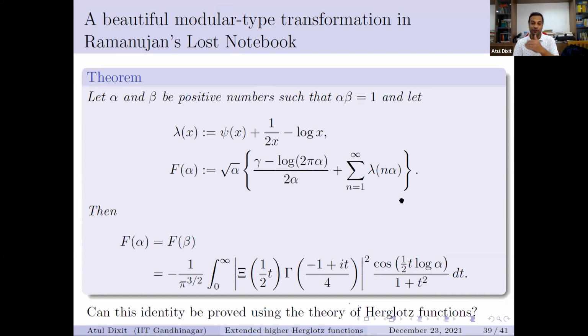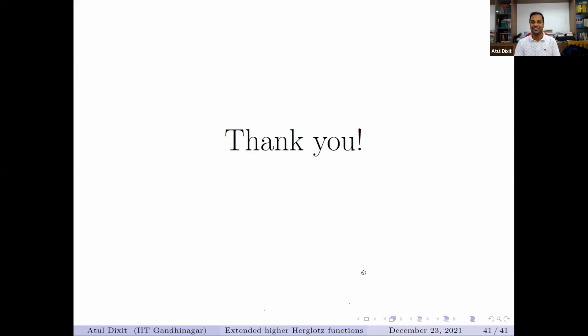If you don't have anything in the denominator, you must take the second term also, otherwise the series will diverge. So we really think one should be able to obtain this relation of Ramanujan using the theory of Herglotz functions. I think I'm running out of time. Let me just skip these things and stop here. Thank you very much.